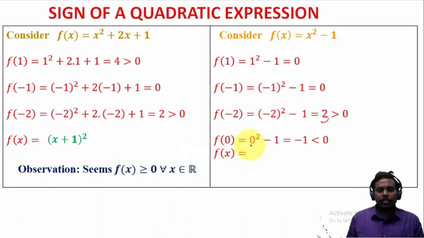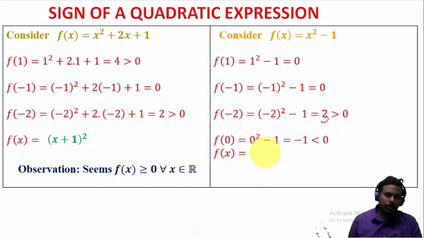So f of 0 is 0 square minus 1, which is a negative value. Now the conclusion here is, for some values of x it is taking 0, for some values of x it is taking positive, for some values of x it is taking negative.